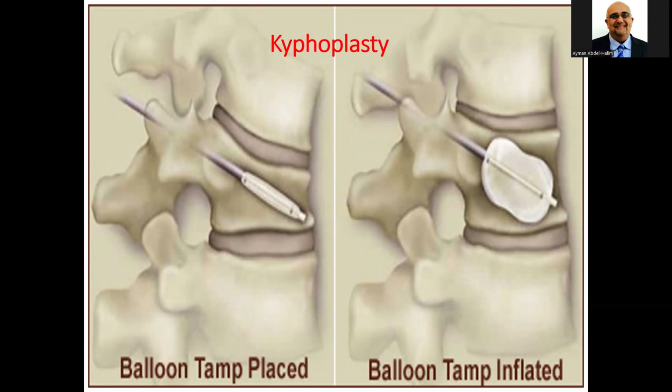The importance of doing this void is to restore the height of the vertebral body, which you lose after the compression fracture. And of course, once you do the void, you deflate the balloon and then you inject the cement.